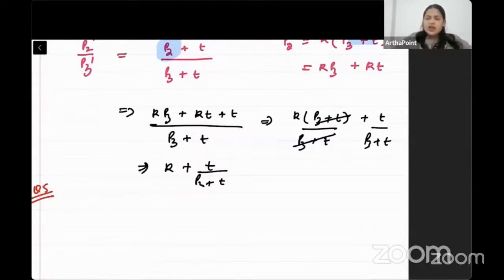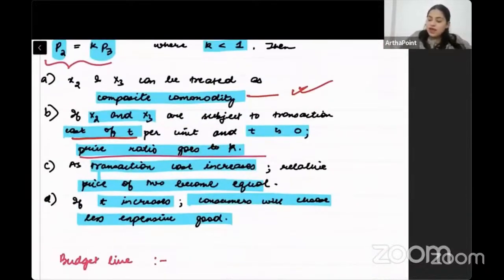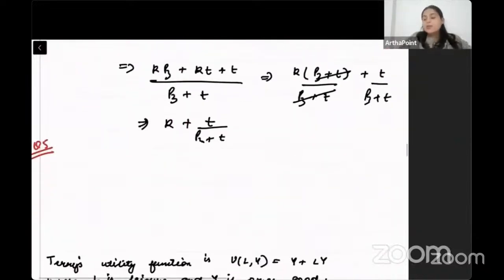Now, let us try to think in one more way if possible. Supposedly, the next part says what happens when you will have a transaction cost that will increase. What will happen to the price of the two ratios? So transaction cost increasing means what happens as your T tends to infinity. ऐसा कुछ case.